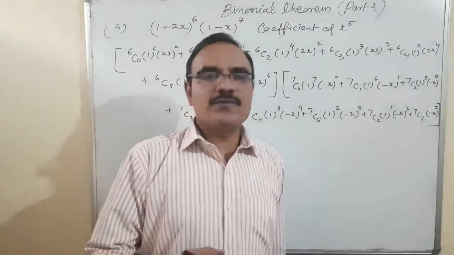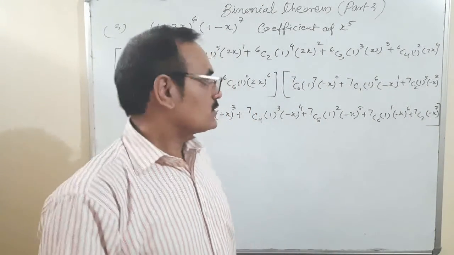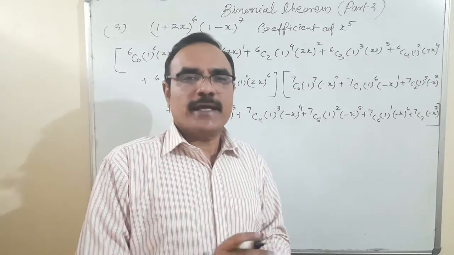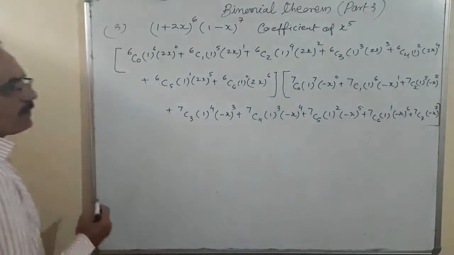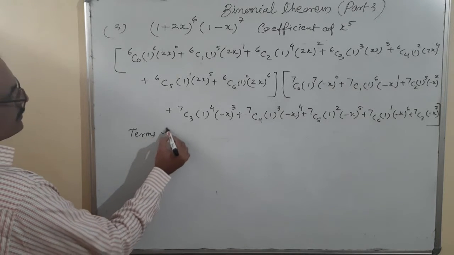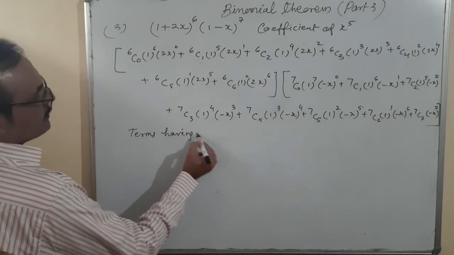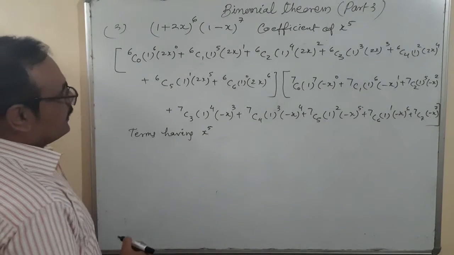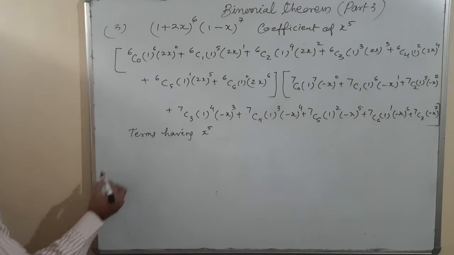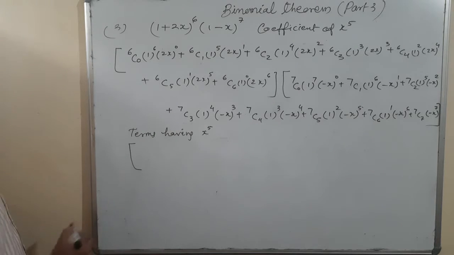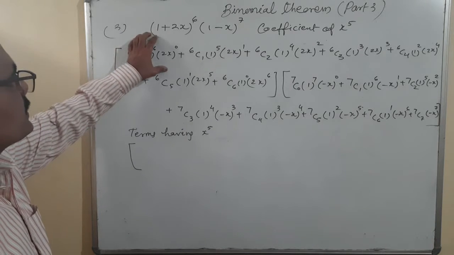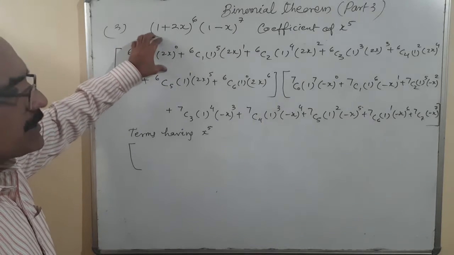Now we are finding the coefficient of x to the power 5. So after multiplication, let us see in how many terms x to the power 5 is coming. So the terms we are writing here, terms having x to the power 5. See both the brackets, and we are finding the terms in which x to the power 5 is coming. Yes. Starting from here, this is the term 2x to the power 0, that means there is no x in it.